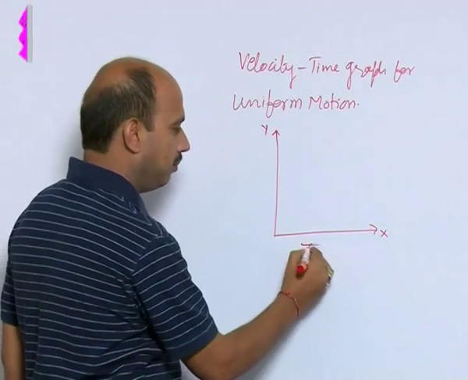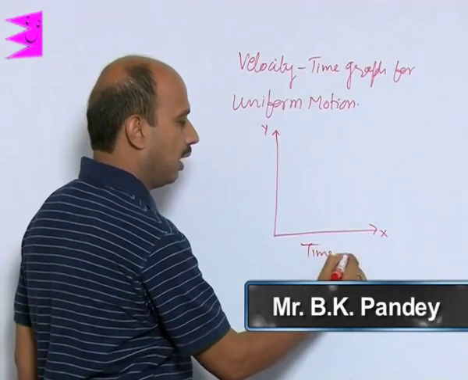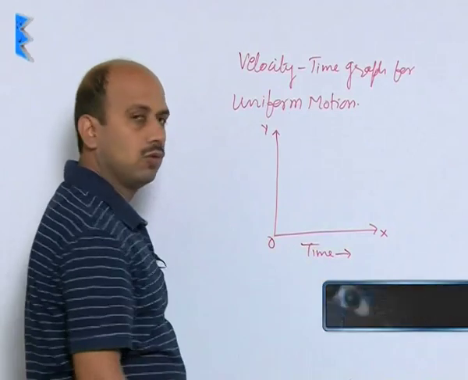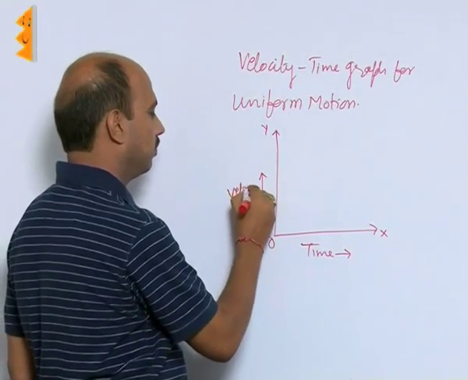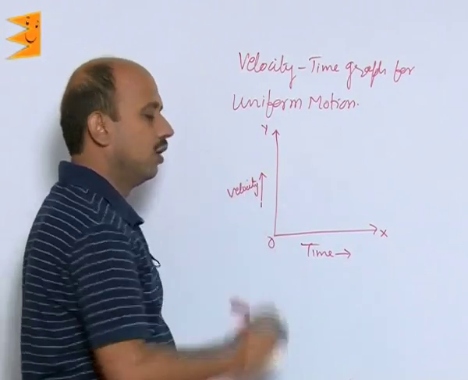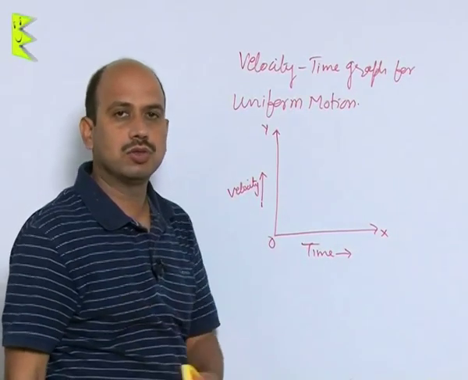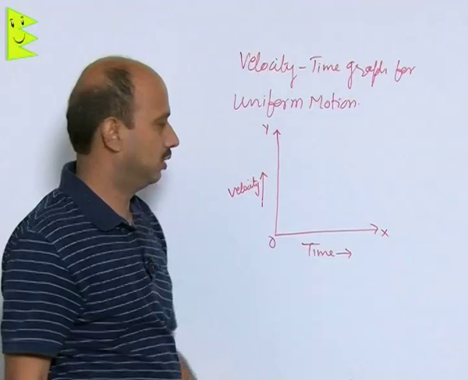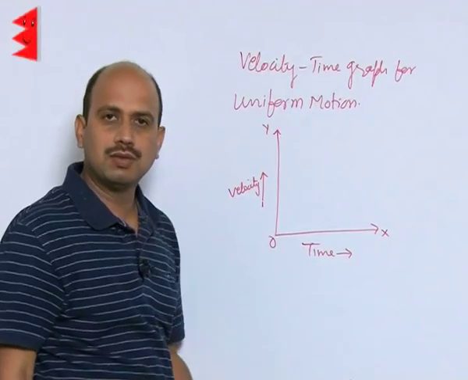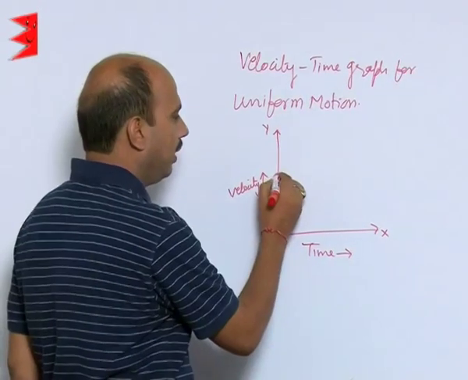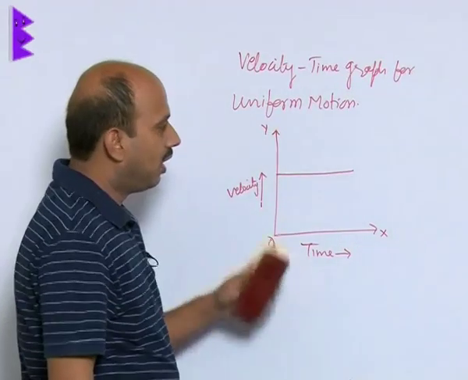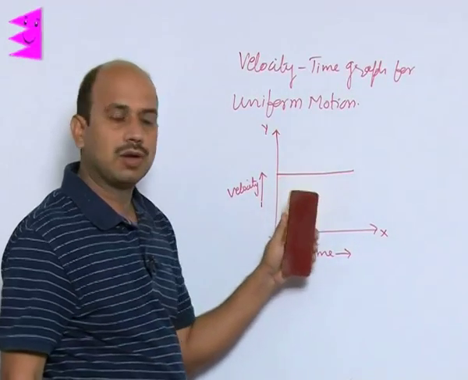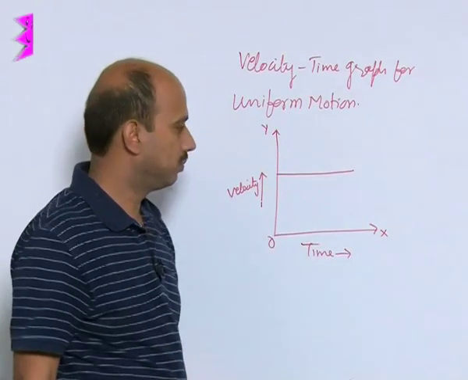Here we take time, this is called time axis, this is origin, and here we take velocity. Now, you know it, in uniform motion velocity remains constant, velocity or speed you can say both remain constant. So, we can get a graph like this. So, this graph represents velocity time graph for uniform motion.